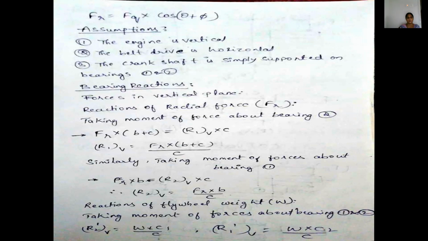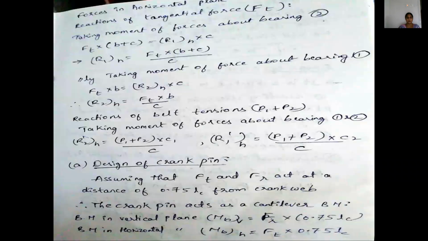Reaction of radial force Fr. Taking moment of forces about bearing 2, Fr into b plus c is equal to R1 dash into c. R1 dash is equal to Fr into b plus c by c. You will calculate the vertical reactions and also the horizontal reactions in the plane.